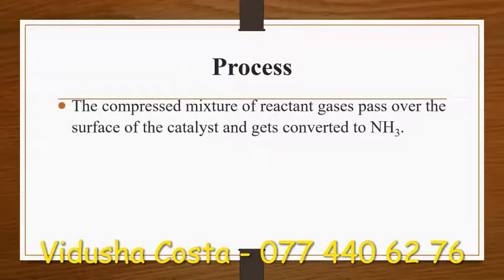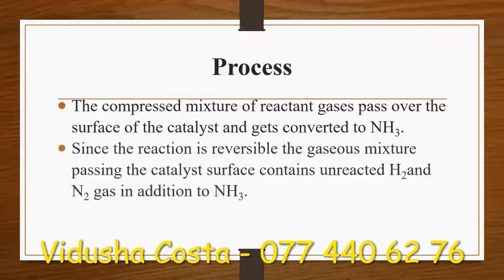And in the process, we use high pressure. That means you have nitrogen and hydrogen under high pressure, a compressed mixture of reactants. Then we pass it over the surface of the catalyst iron to get converted to ammonia. Now, this reaction is reversible.